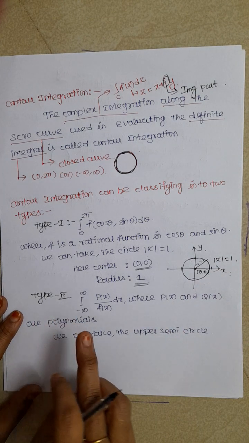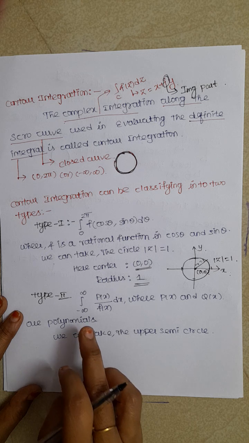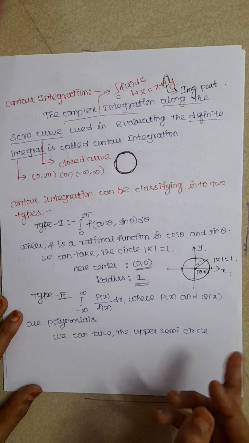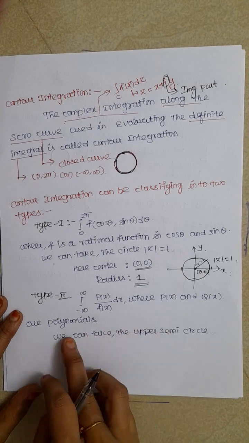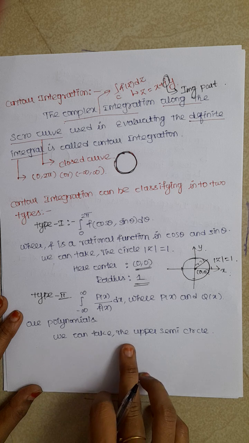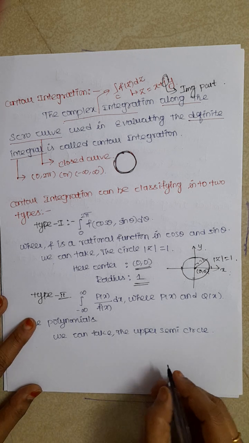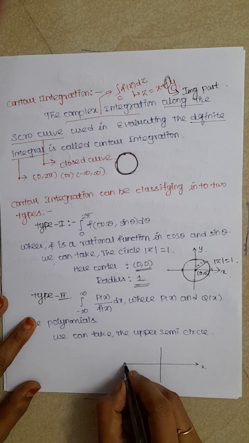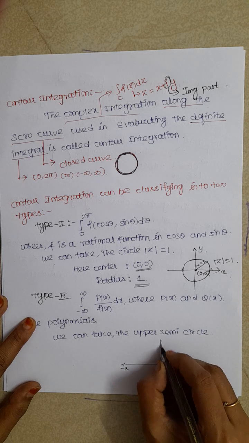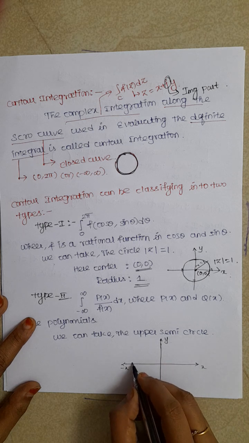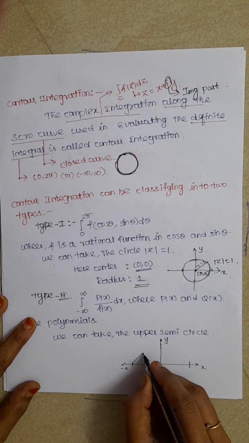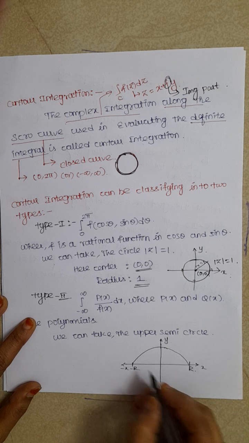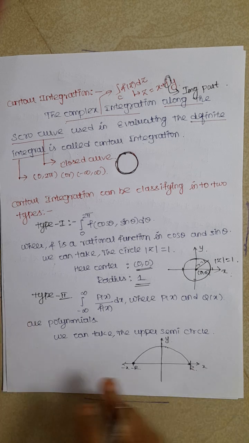Next, type 2: if the given problem is minus infinity to plus infinity or 0 to infinity, we choose the upper semicircle, with radius r and minus r on the x-axis. This is a type 2 problem.